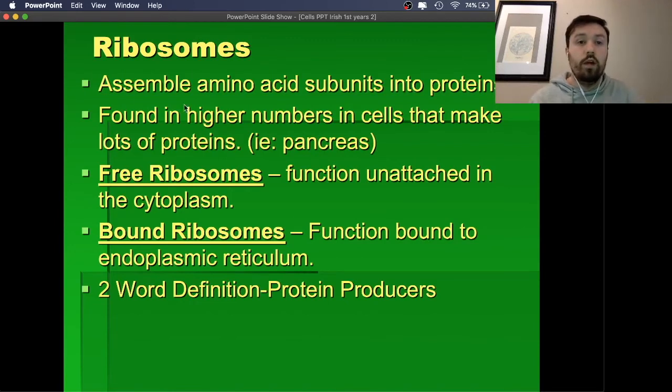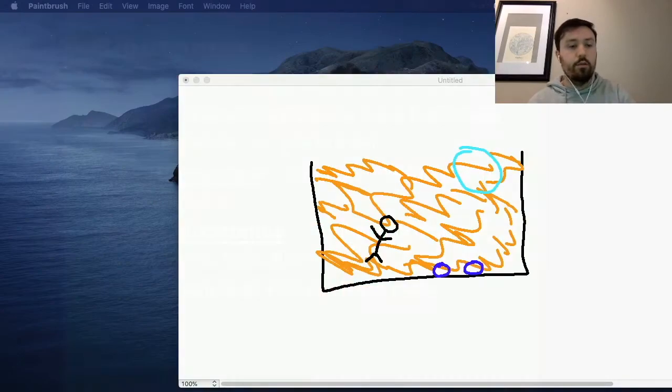So ribosomes, there's a lot of words here, and we have free ribosomes, which function unattached in the cytoplasm. So they're just floating around in the cell. If you look at my diagram of the pool again, some things are fixed in place.